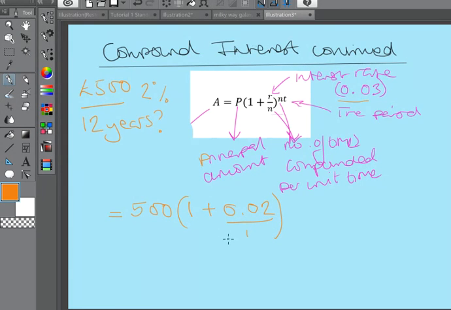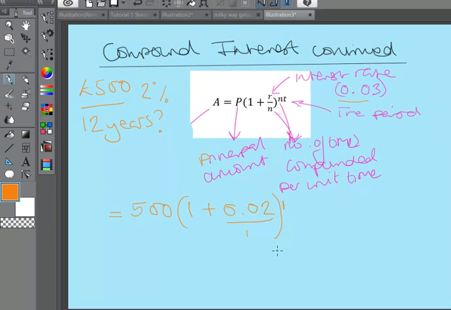Usually at GCSE, you don't come across questions where that would be a different number from 1. It's usually just compounded once per time period, and that obviously doesn't affect our overall value at the end. But I will put that number in just to show you.